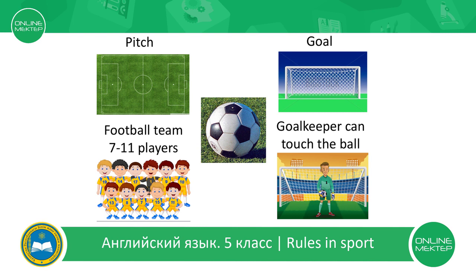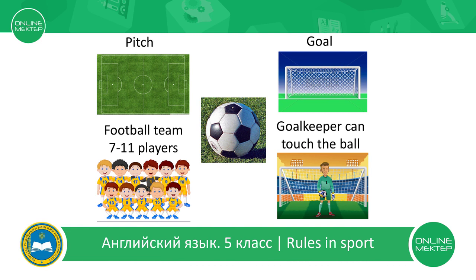It is called pitch or football field. Look at the next picture, please. At each end of a pitch, there should be a large wooden or metal frame in the form of a rectangle, which is called goal. Goal must be 7 meters wide.